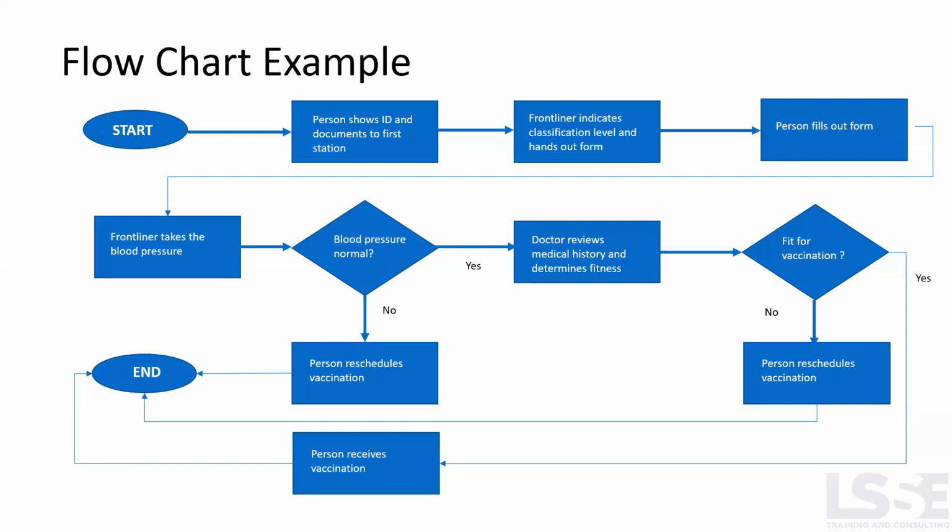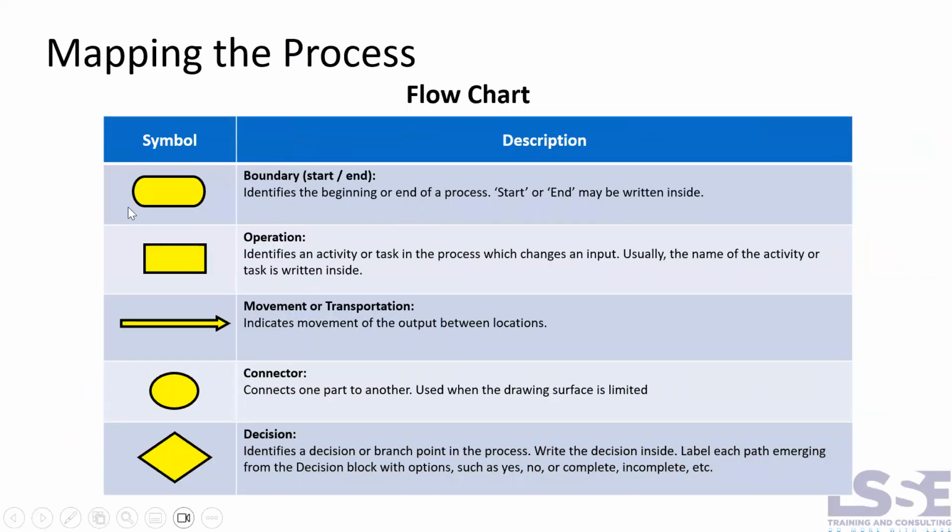If you haven't done this in your life, I suggest that you do. It helps you practice, especially once you do your yellow belt project, if you need to pursue it. So the flowchart has just simple components. These are the most important ones.